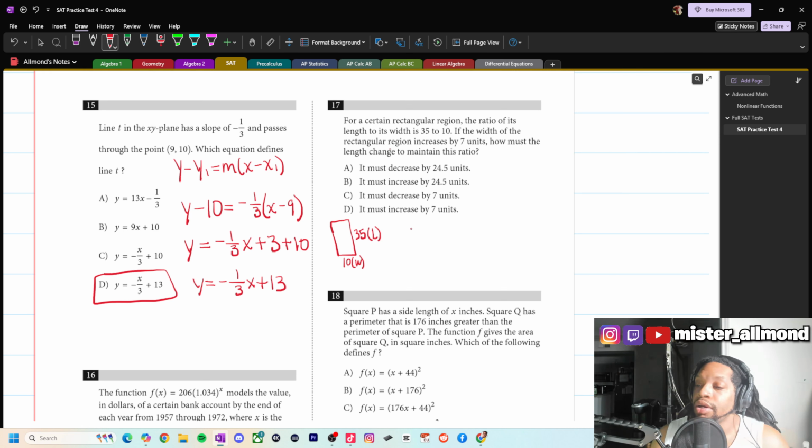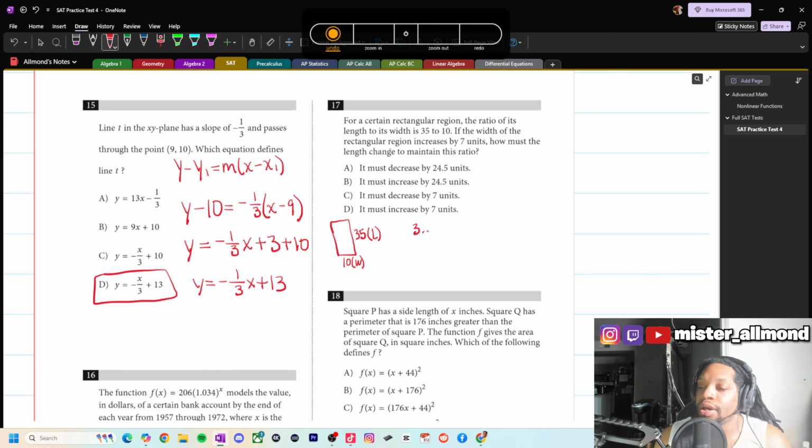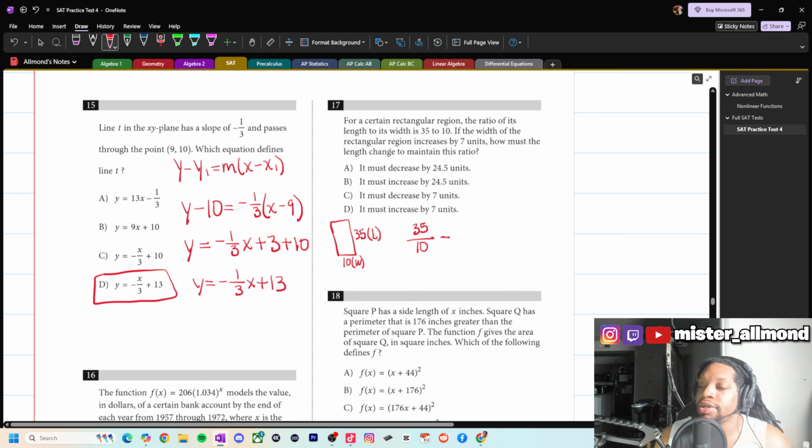Okay, so one ratio is going to be, we already know, 35 to 10. And I was going to put it as 3.5 to 1 to make the math easier, and I'll put length to width so I remember the ratio. Actually, you know what? I'm not going to risk it. I'm just going to keep it how it is, because I don't want to take any chances of that messing up.